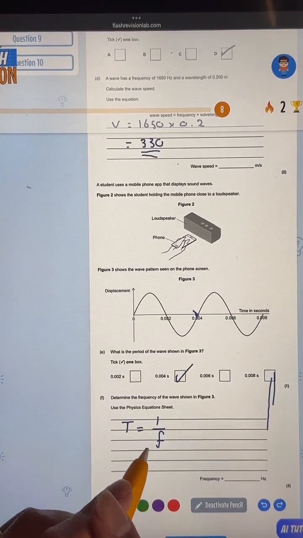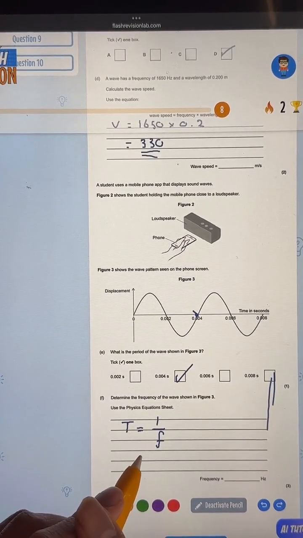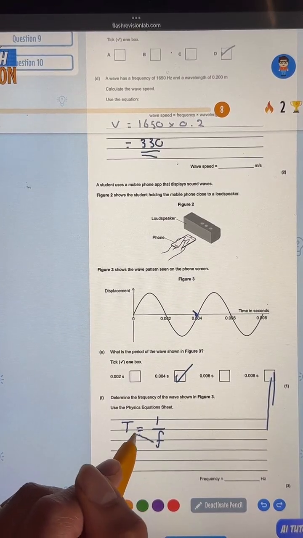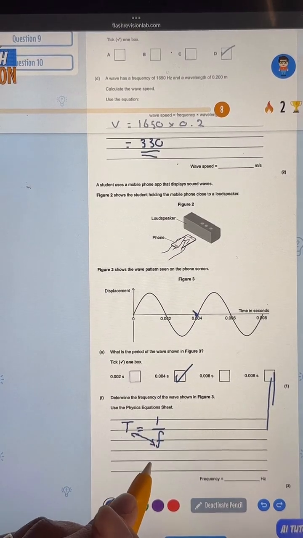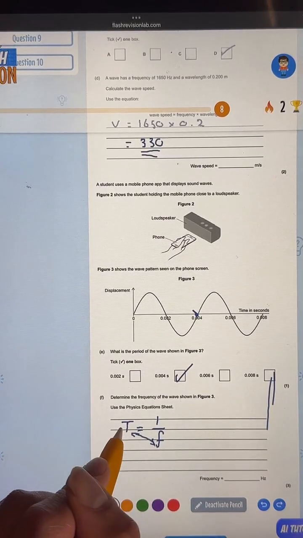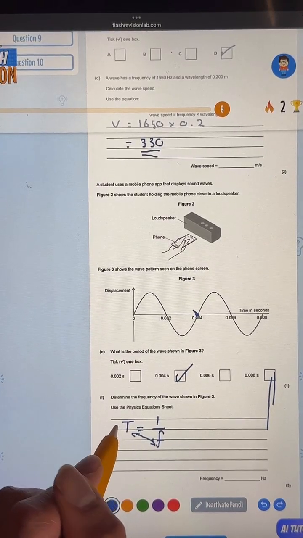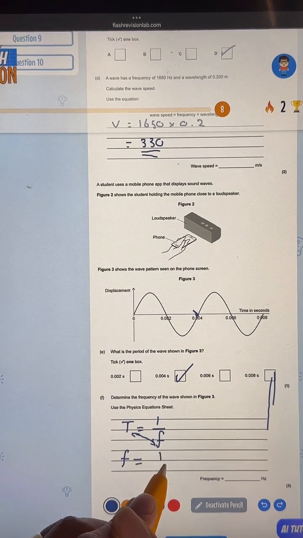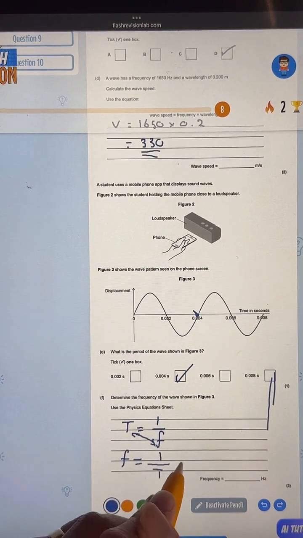So we rearrange this equation: frequency is multiplied to the left hand side, and then you divide by time period to bring it over to the right hand side, so they essentially flip around, and you get frequency equals 1 over the time period.